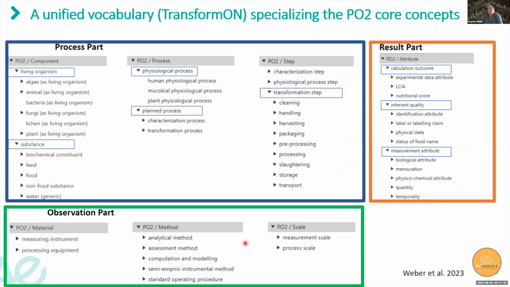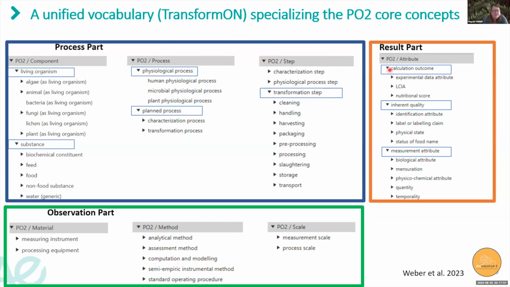So now I show you the upper level hierarchies of the domain ontology TransformON, which is specializing the PO2 core concepts. So it is a unified vocabulary that provides all the concepts useful to describe transformation processes and also characterization of food, feed, bioproducts, and biowaste.